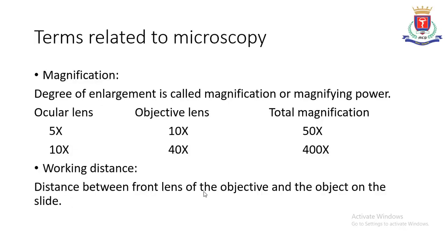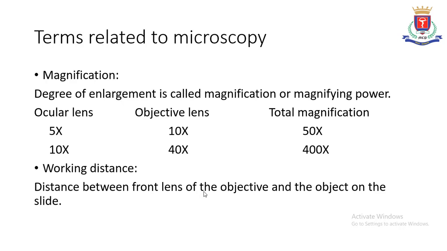So now we will move on to the terminologies which are related to microscopy. First is magnification. The degree of enlargement is called magnification or magnifying power. By how many times a particular image has been magnified is determined by this term, magnification.